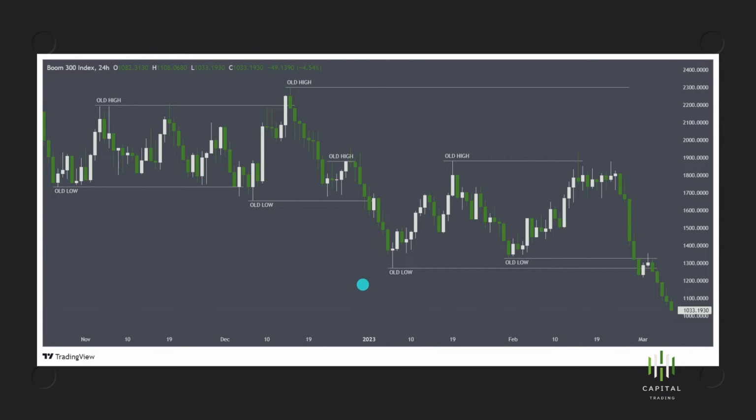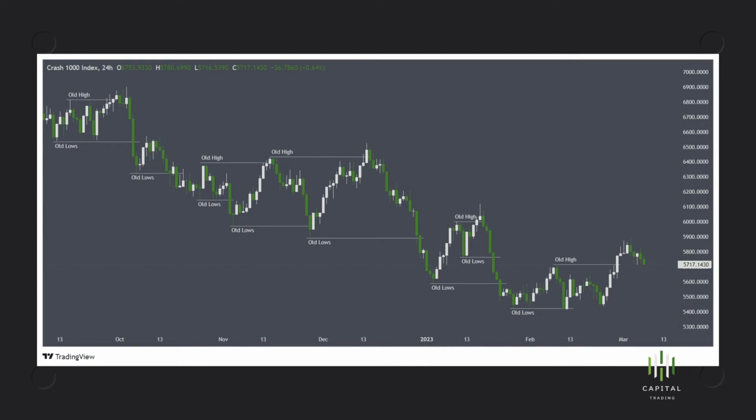So let's look at it. We have crash 1000 here. On crash 1000, we are going to look at old highs and old lows. So we had an old high here, it was ran over. This was in October last year, and then they ran over this old high and dropped to the downside to take out this old low, and then they retested some level.